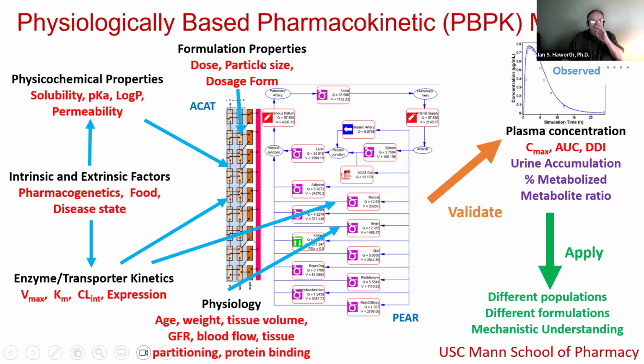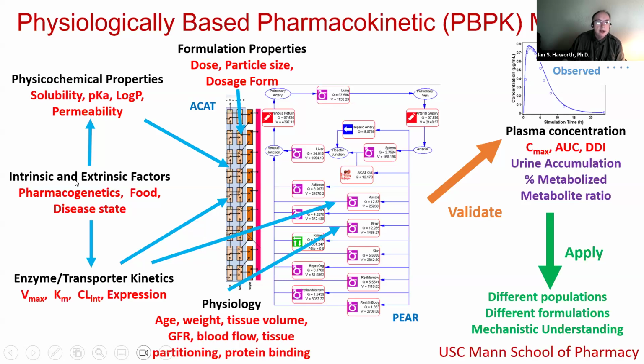There are also parameters that represent the formulation, and this, of course, is extremely important for modifying the behavior of the drug in vivo in the gut. And here we're talking about oral absorption. Then there are parameters for enzymes and transporters that the drug is going to meet along its journey. And then there's the broad physiology that this is all happening within.